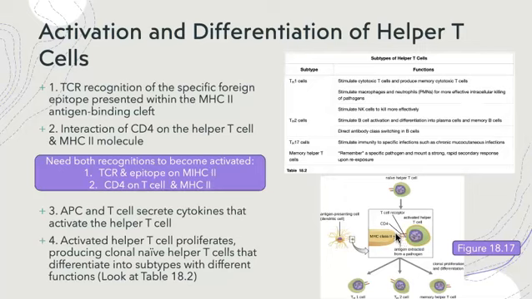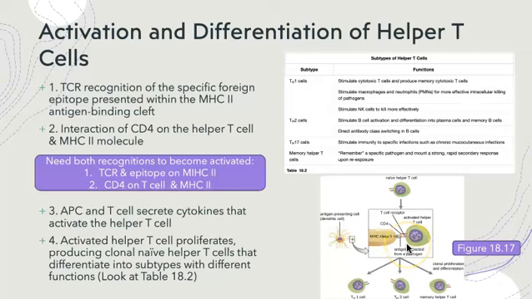Then we have an interaction between our CD4 molecule that again is on our T cell with the MHC class II molecule as well, but notice it's not at the antigen presenting site. It's a little off on the side. So we need those two things in order for our helper T cell to become activated.